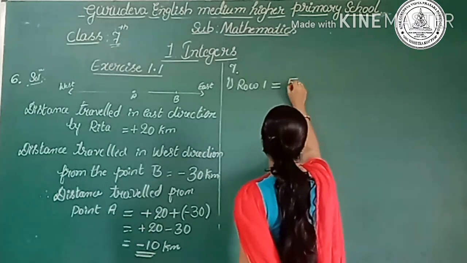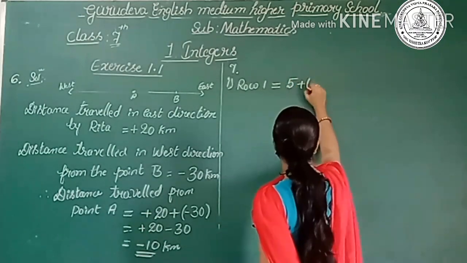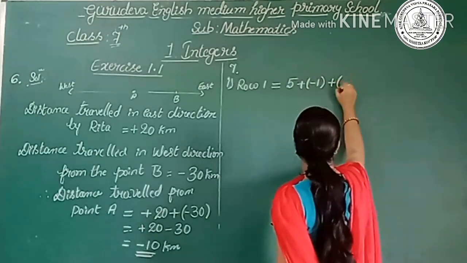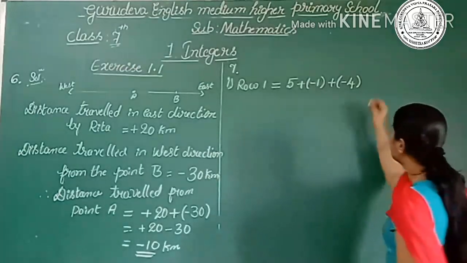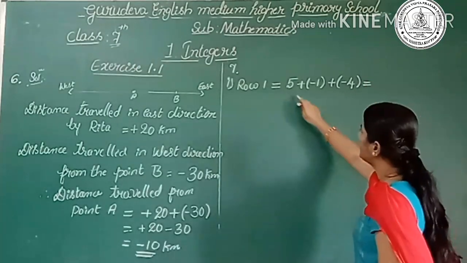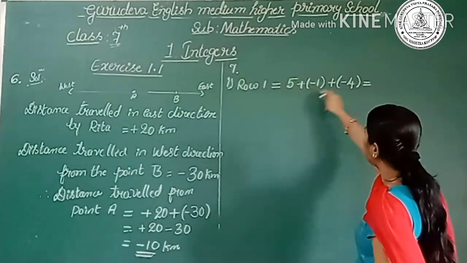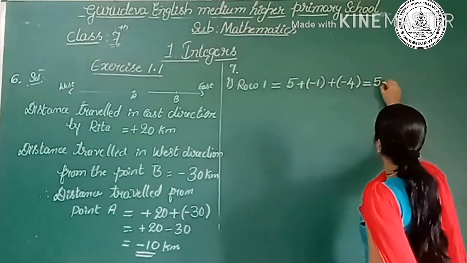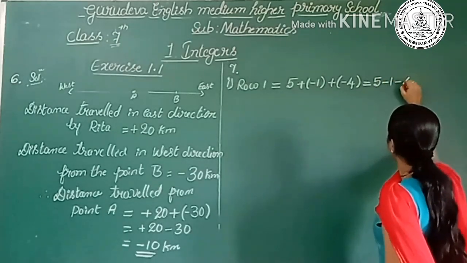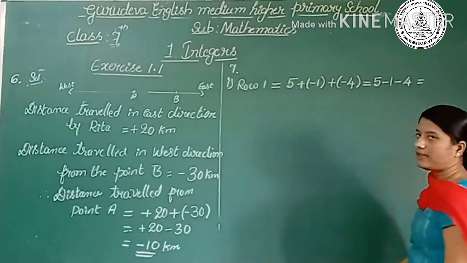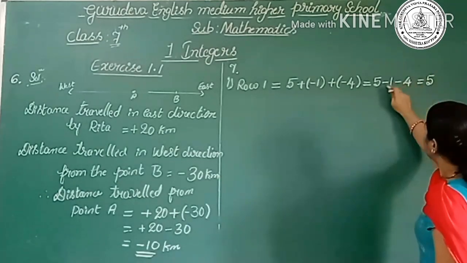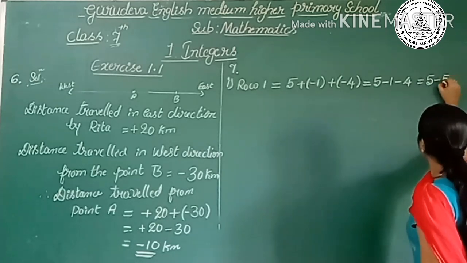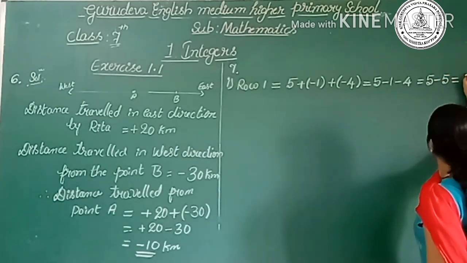Let's add here 5 plus of minus 1 plus of minus 4. 5 plus of minus 1 is minus 1, then minus 4, which is plus 5 minus 5, that is 0.